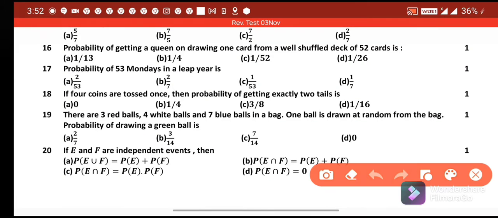There are 2 favorable chances for Monday, so favorable chances divided by total number of chances is 2 by 7. So the answer is 2 by 7.